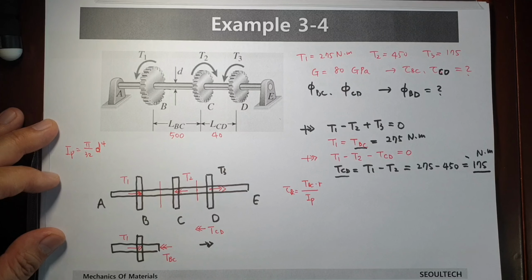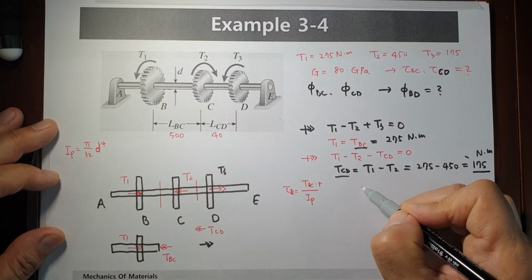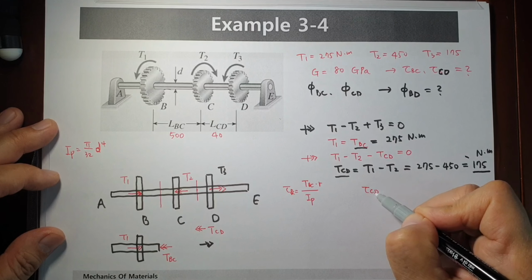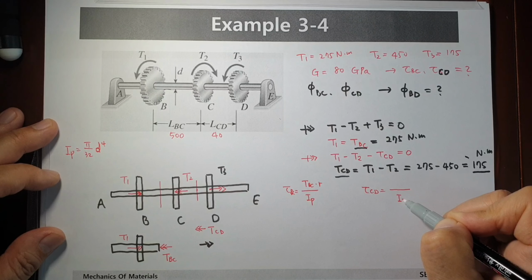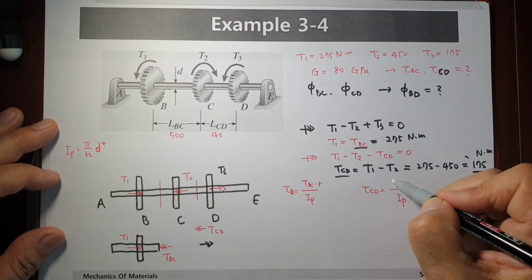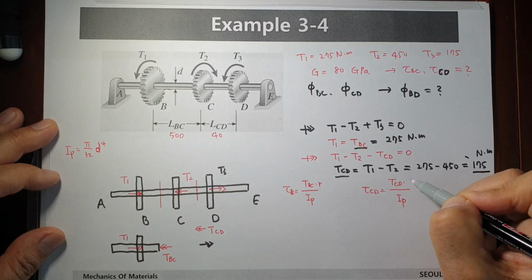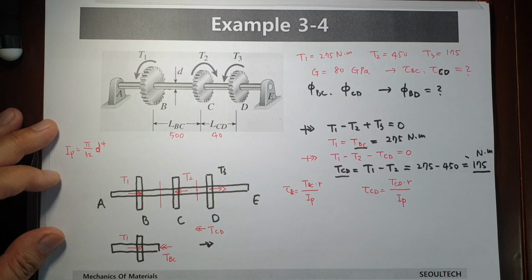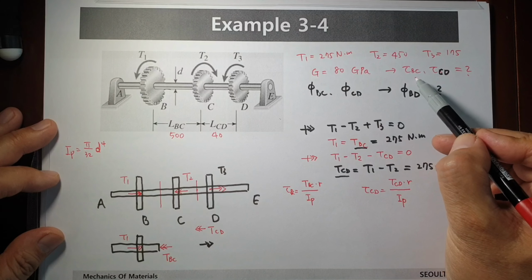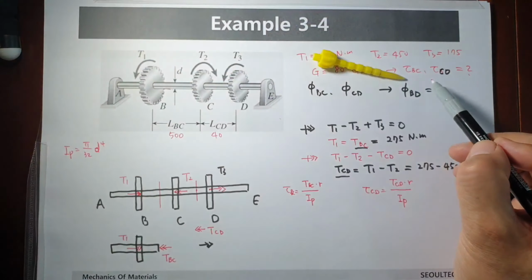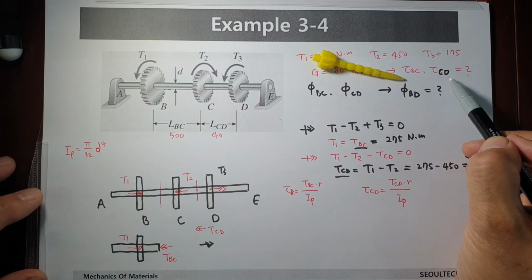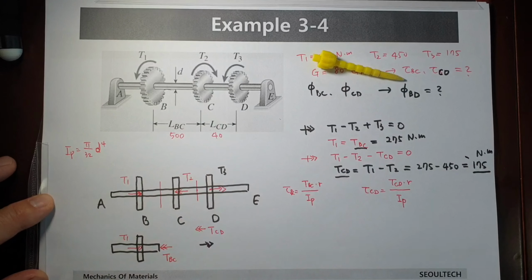This one is the polar moment of inertia. And next, tau CD equals, same as the case of BC, TCD times radius R over the polar moment of inertia. Then you can find the shear stress tau BC, and CD between here.